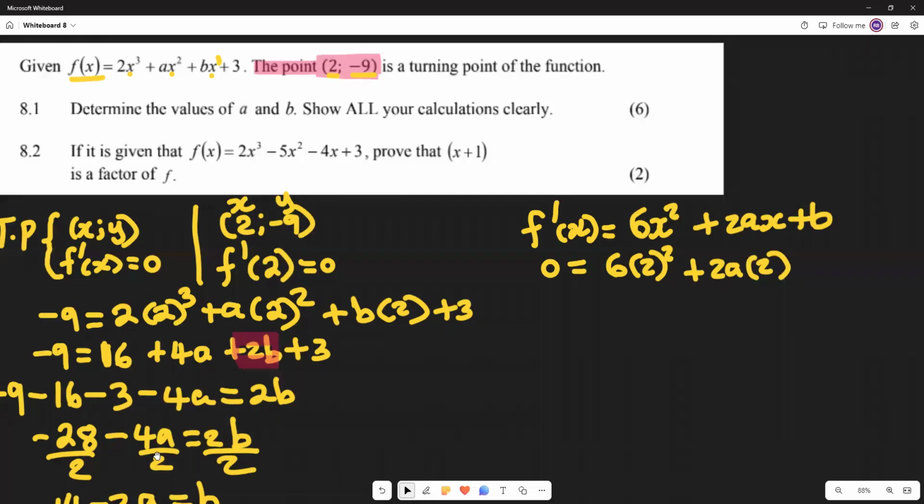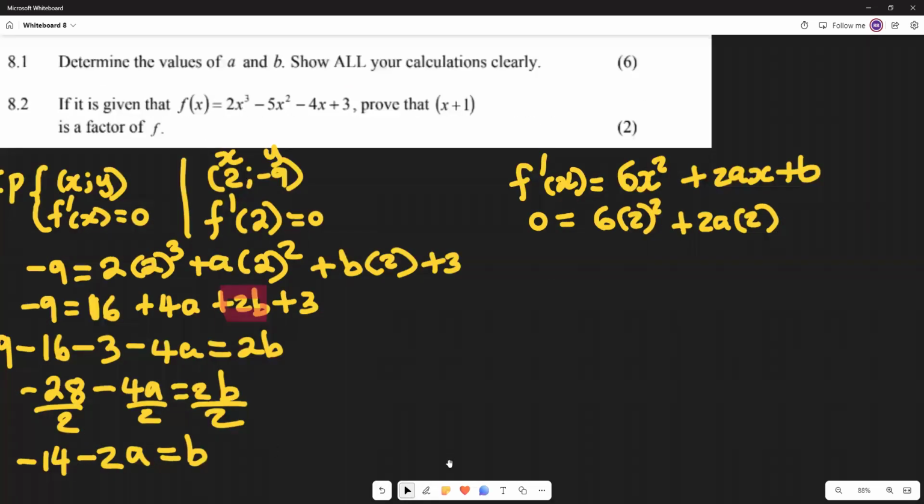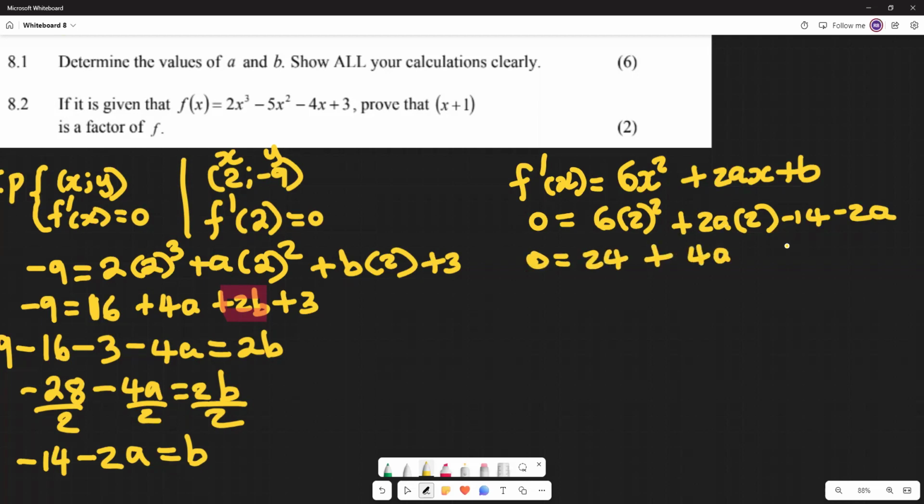So where I see b, I'm going to put -14 minus 2a. And then we have 0 equals 24 plus 4a minus 14 minus 2a.